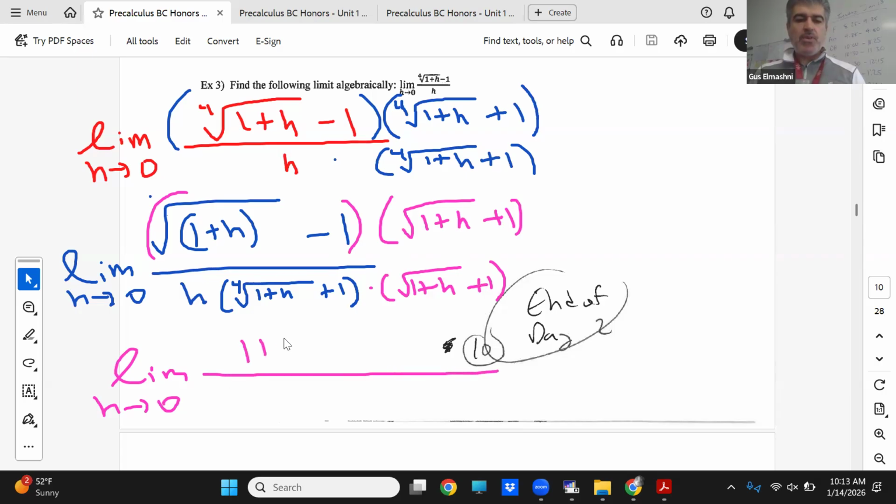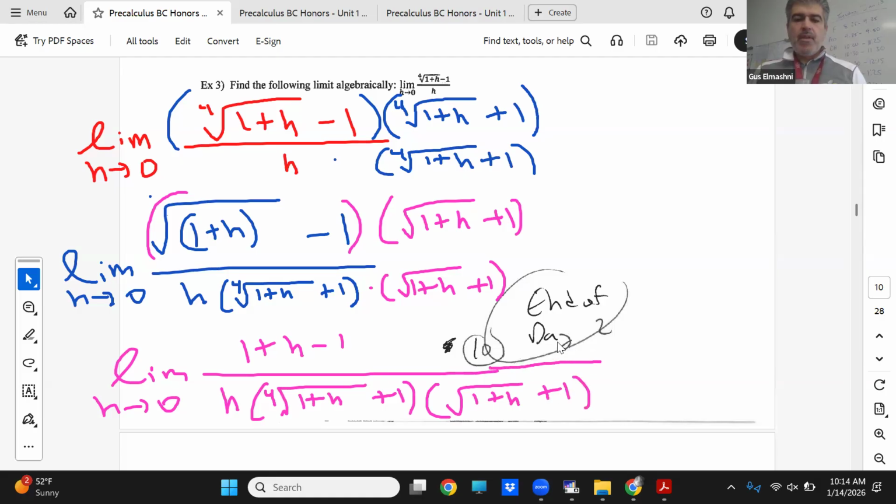So 1 plus h minus 1 over h, fourth root. Now, of course, these cancel. So you have h over h. I know it's getting very cumbersome to keep writing this one.